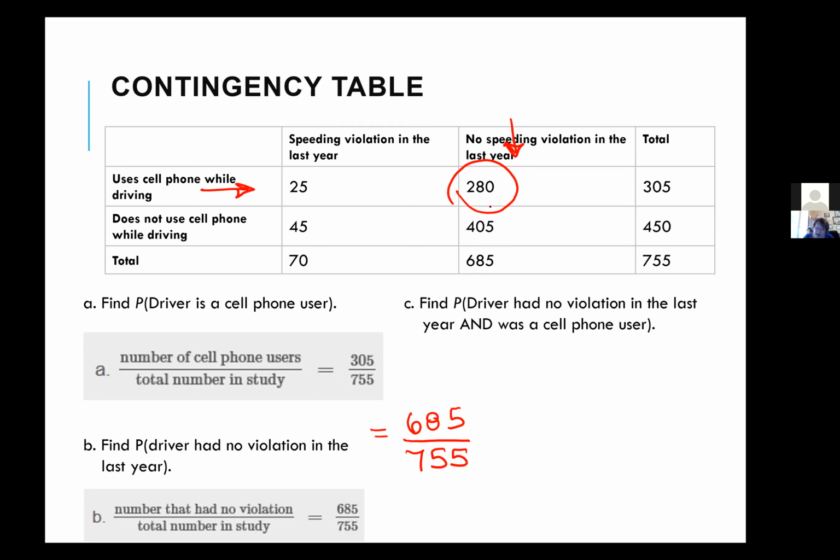So 280 out of the 755. So the probability that you were a cell phone user and you didn't get a violation is 280 out of 755. Okay.